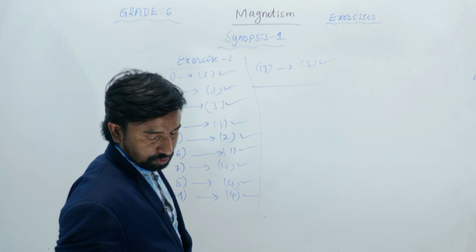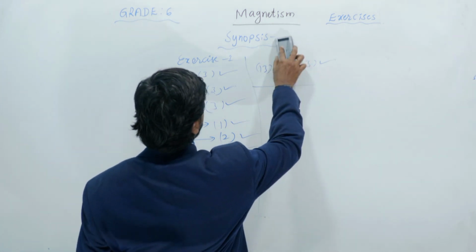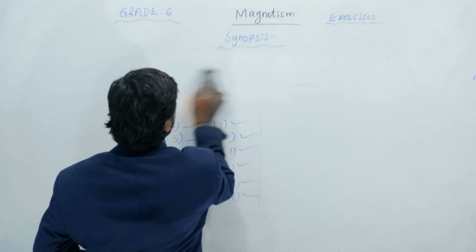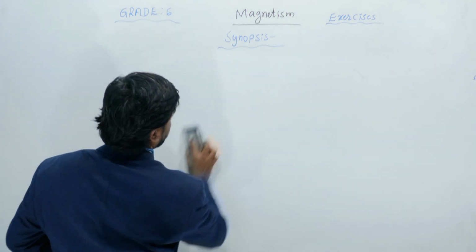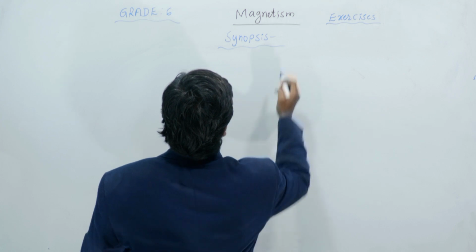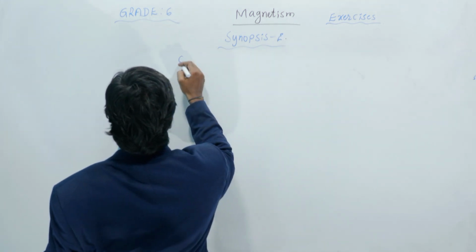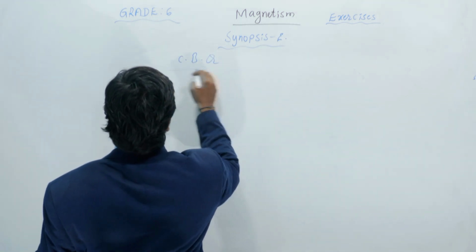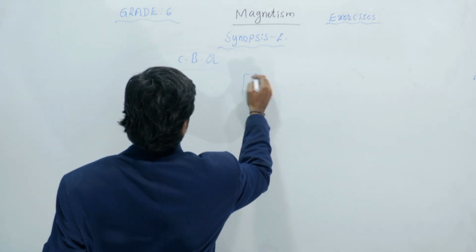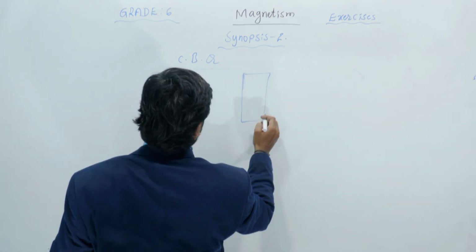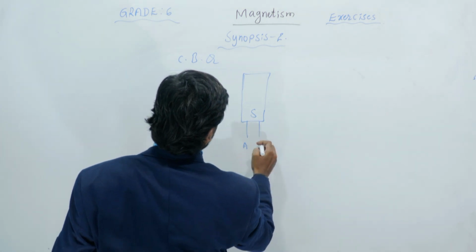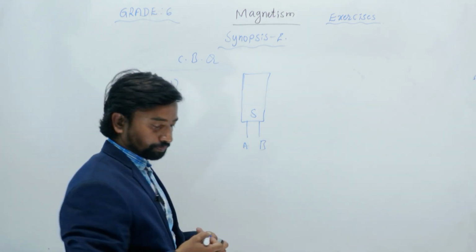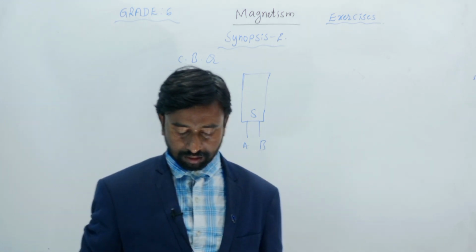Synopsis 2, concept based questions, first question. A bar magnet is given like this, with the south pole shown, and two pins A and B stick to it. When they stick, what happens?